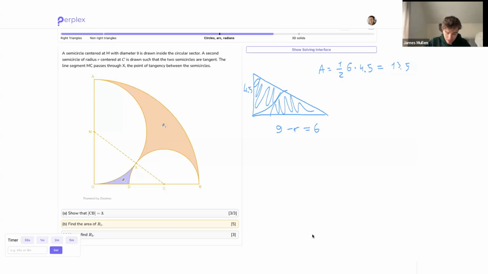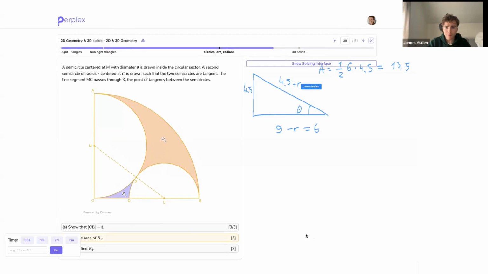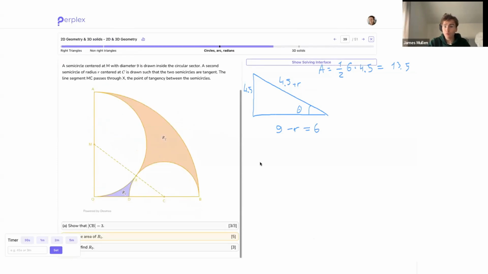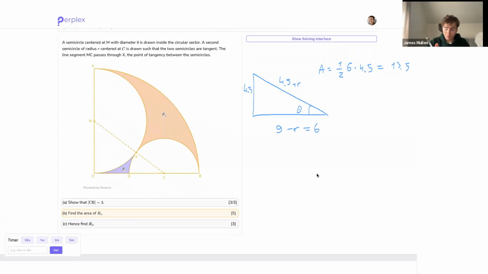And now, the sectors. What are the angles that we're dealing with? We need to figure out what this angle is and what this angle is. Okay, so let me zoom in on the triangle again that I have. This angle here, let's call that theta. And also, by the way, we said that the length of this side was 4.5 plus R. Yeah, 4.5 plus R is the length of that.